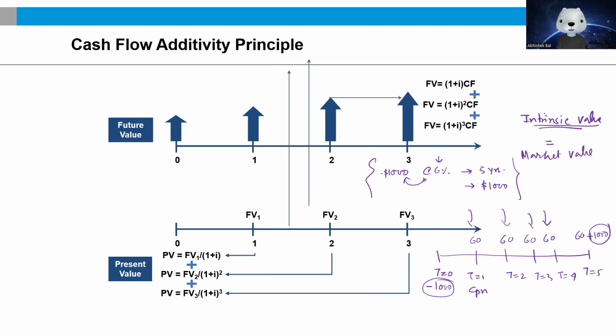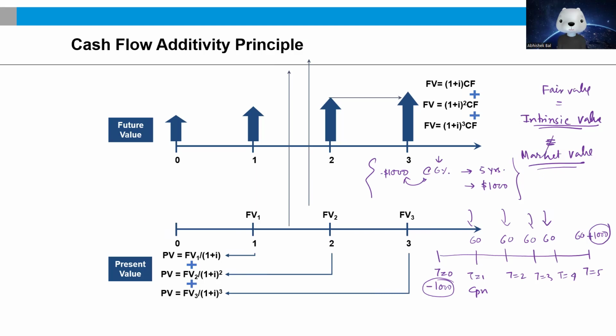The intrinsic value can sometimes be likened to the fair value of the security, which is obviously an unbiased value of the security itself. But there is no guarantee that it would always be equal to the market value, which means that securities might be mispriced, they might be overpriced at times, and at other times they could be underpriced as well. But how do we find out what is the worth of that security?